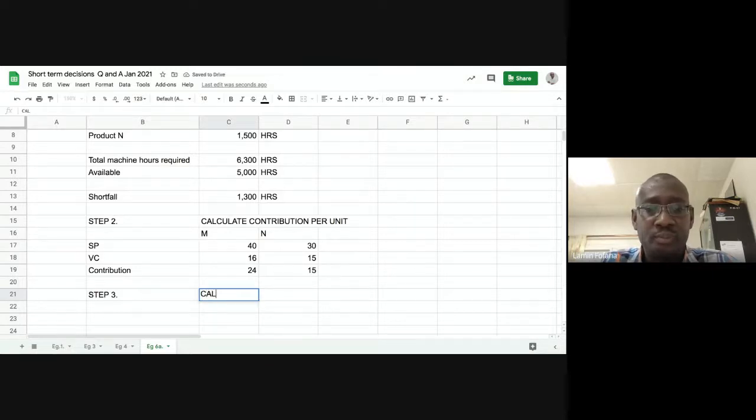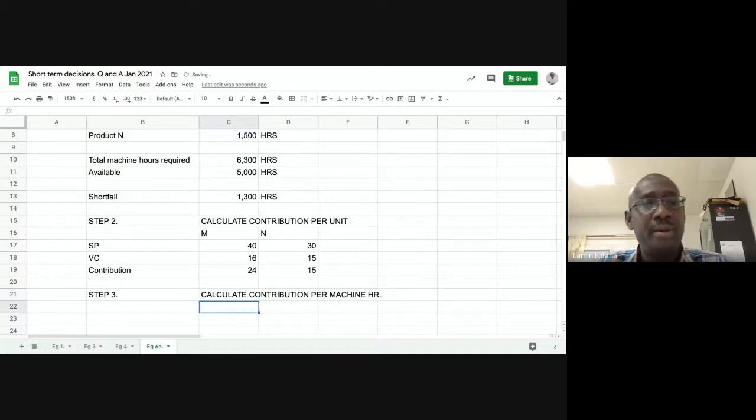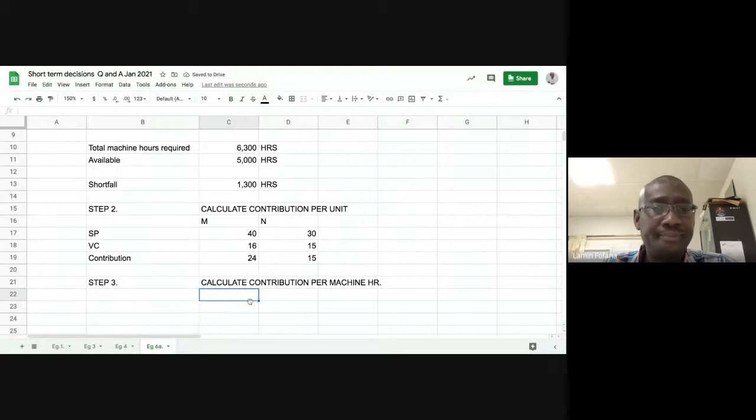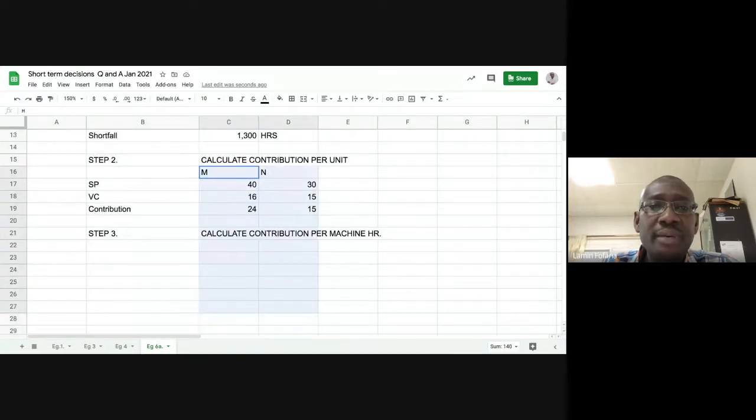Calculate contribution per machine hour. Okay, are we together? Okay. So let's align this on the right so that our presentation can look better.